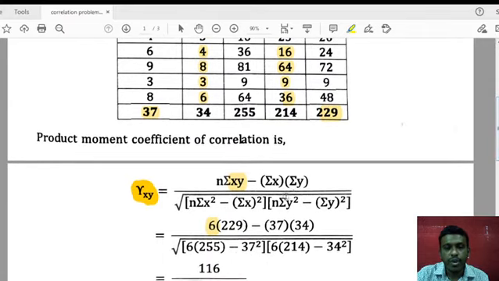The denominator is the square root of n into summation x square minus summation x the whole square. N is 6, so 6 comes here.